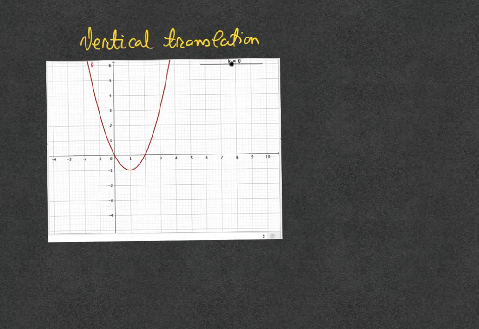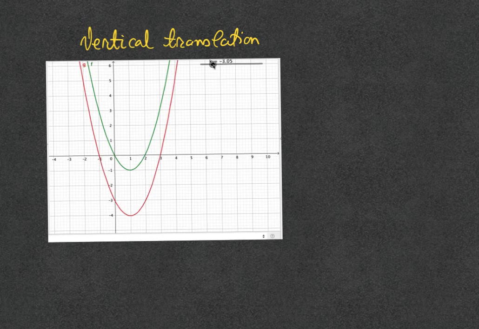We are going to look now at vertical translation. And you are going to follow all the thinking as before and get the conclusion yourself. So that's a vertical translation. I take the same graph and I translate it up. And now I translate it down from the green graph.